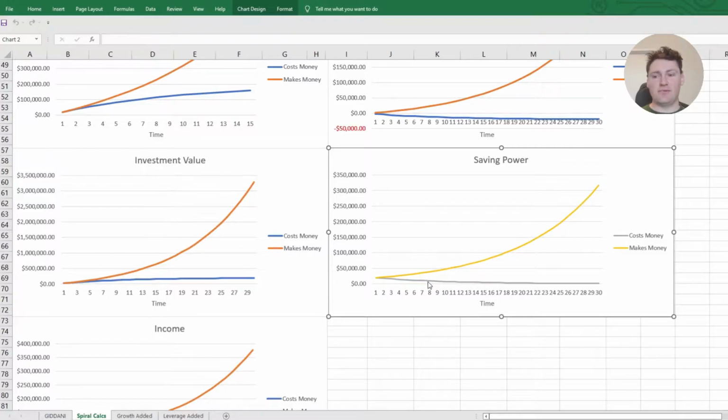So as an asset produces additional income, that income is put towards your savings power or additional investing power in the future, and that grows. So if you maintain a consistent investing path where you're trying to add assets that create income into your portfolio over the long run, this is the effect that it's going to have on your net worth and your income.